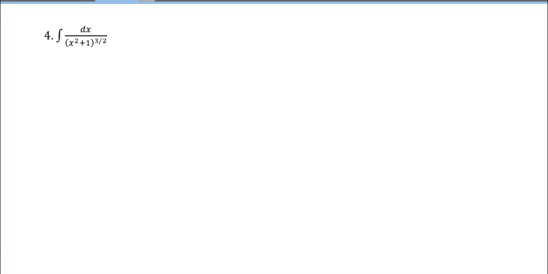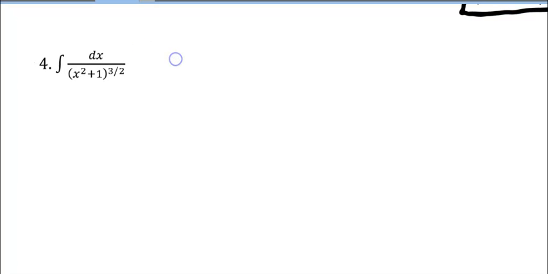As we start example 4, you may think that there is no radical expression in this because we don't see a square root written explicitly. However, you have to look carefully at that fractional exponent. Remember that I can rewrite this as the integral of dx divided by x squared plus 1 to the 1/2, because there's my radical, there's my square root of that 1/2 exponent.